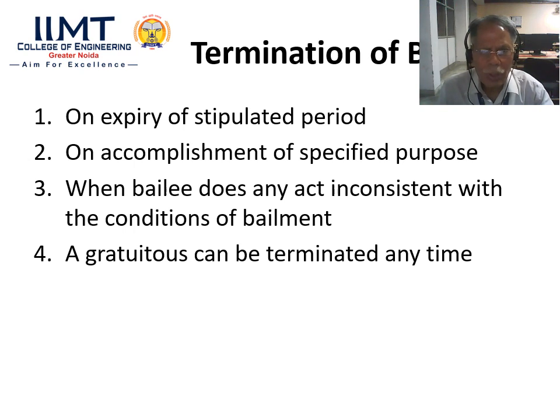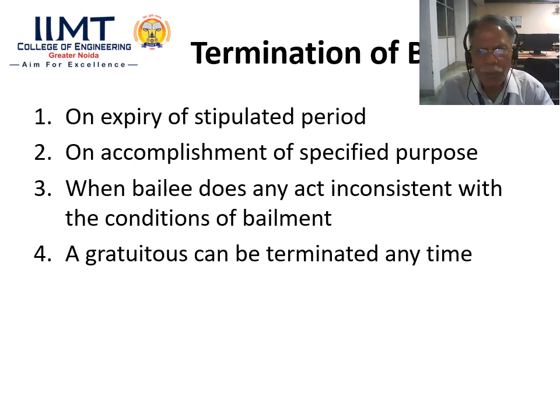So this brings the termination of the bailment, that is, the bailee has returned the goods to the bailor in the original condition, or the particular service as needed having been completed. The second one: on accomplishment of the specified purpose. When the specified purpose has been accomplished, the bailee has to return the goods to the bailor.